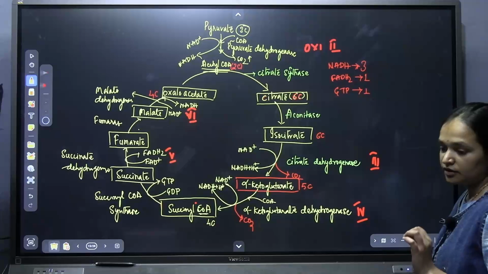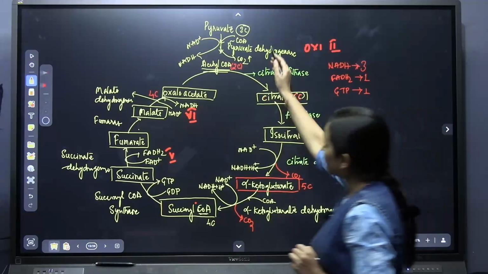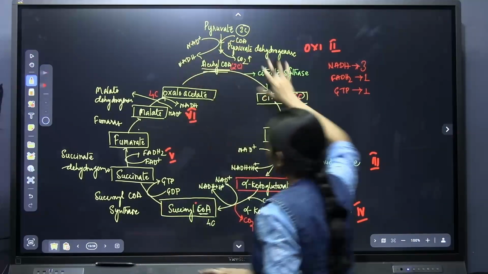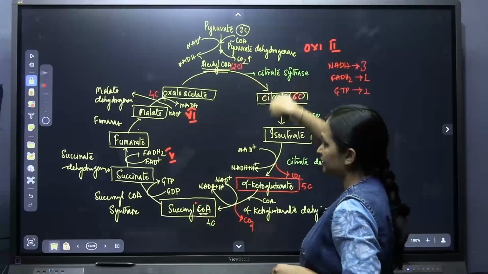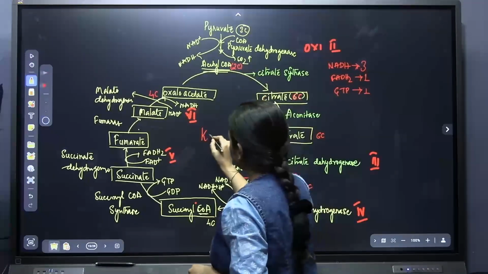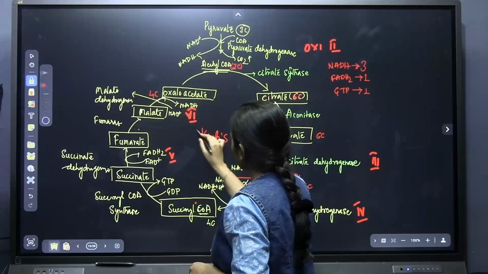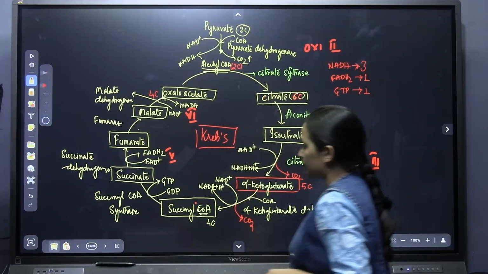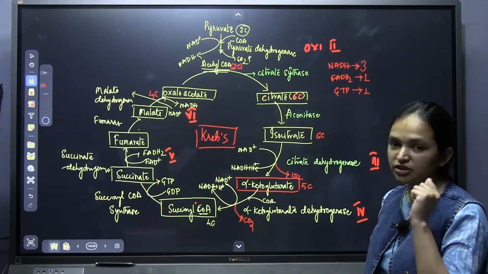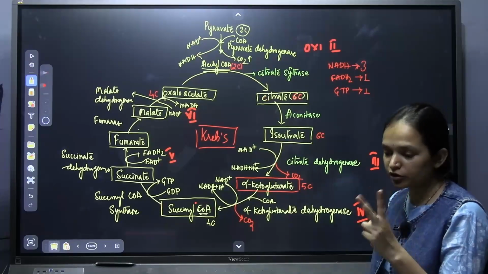Now, listen carefully. Here I have taken this whole cycle, one molecule of pyruvate is entering the Krebs cycle. Now, each glucose molecule yields 2 molecules of pyruvate.